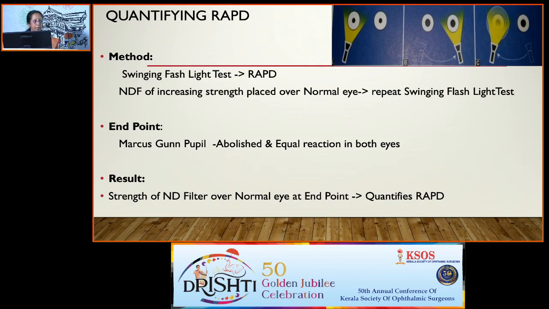The swinging flashlight test is done to demonstrate RAPD, and neutral density filters of increasing strength are placed over the normal eye, and you repeat the swinging flashlight test. The end point is when the Marcus Gunn pupil disappears and there is equal reaction in both eyes. And the strength of the neutral density filter over the normal eye at the end point quantifies the amount of RAPD.